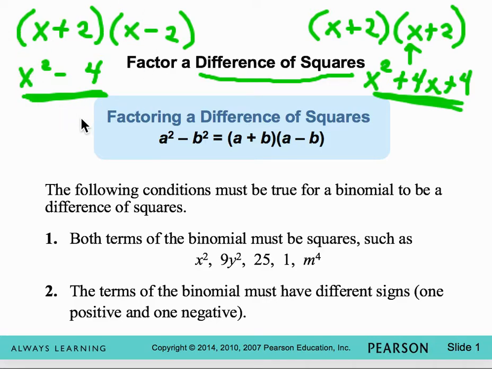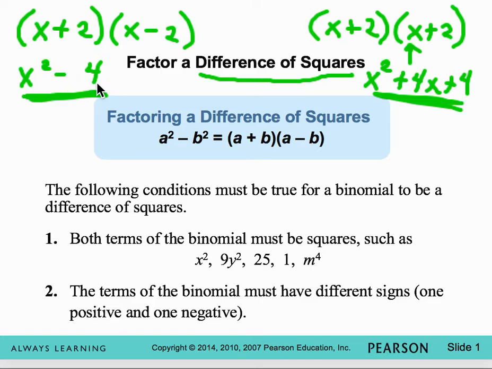Okay, in order for two terms to factor, now remember when we started factoring, we started out with 4 terms and said, okay, use factoring by grouping. Then we went to 3 terms, those trinomials, and we were finding our 2 special numbers.